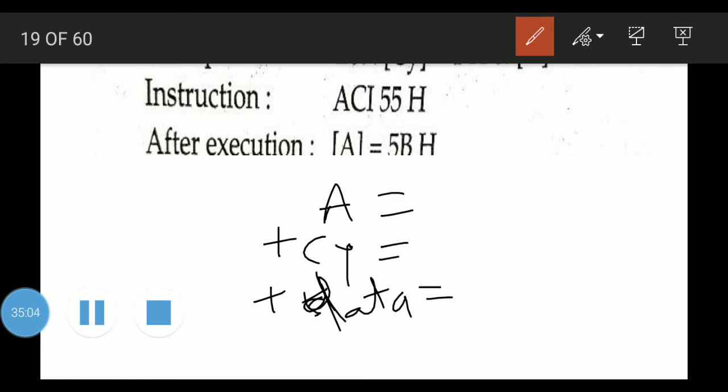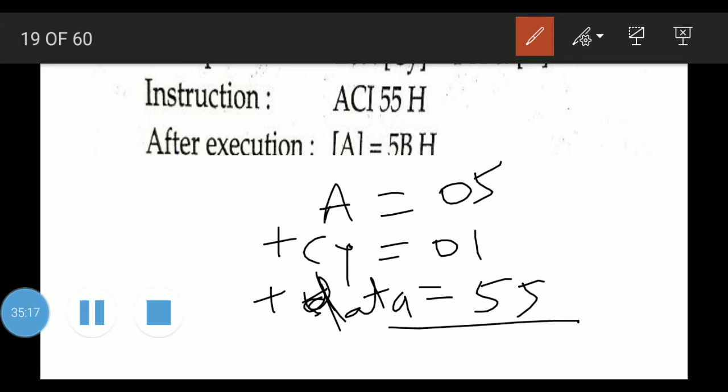Data is 55, carry is 01 and A is 05. Do addition of all this. After doing addition, I will get answer 5B in the content of accumulator. This is after execution. I hope this example is clear to all students.